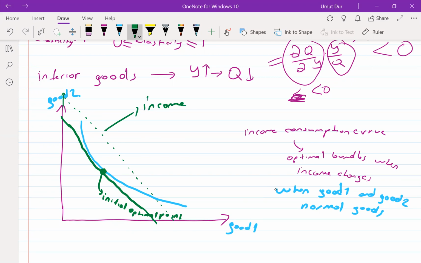Income increases. Since both goods are normal goods, what will be the effect of this income change on my optimum bundle for good 1? Do I increase my consumption for good 1 or decrease my consumption for good 1? Good 2.